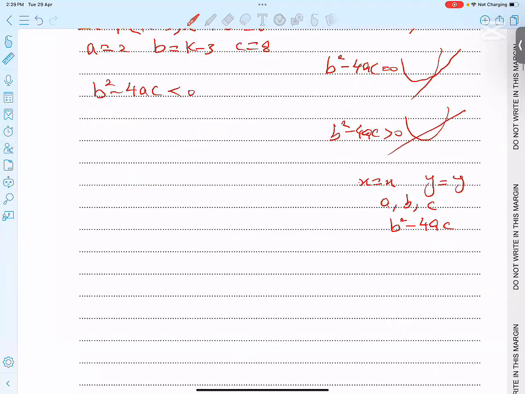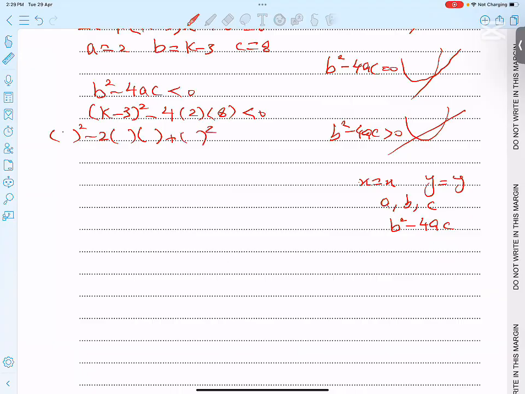So I'm going to apply (k minus 3) whole square minus 4 times a into c, less than 0. Here I can open it with the squaring identity: first term square, minus 2 into first term into second term, plus second term square.